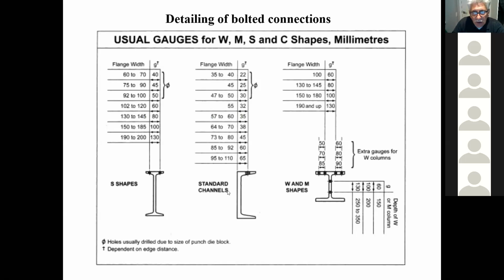So they want you to keep these gauge distances so that the guy can put a socket in here to tighten the nut. That's why they recommend these edge distances, so that when it comes to actually erecting it, they'll have the room to tighten that nut.